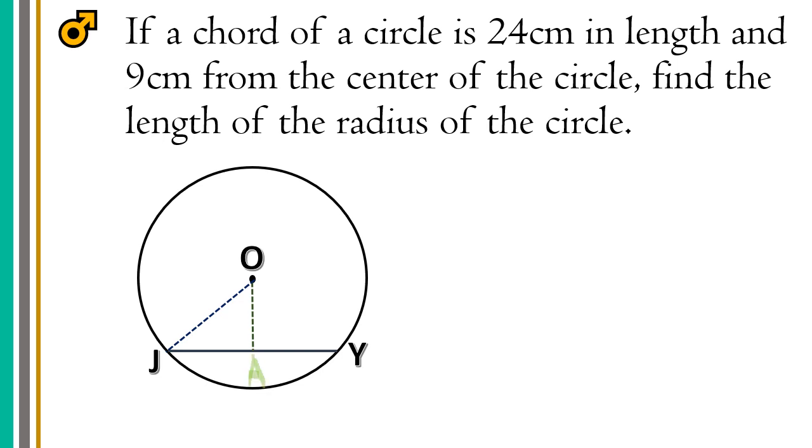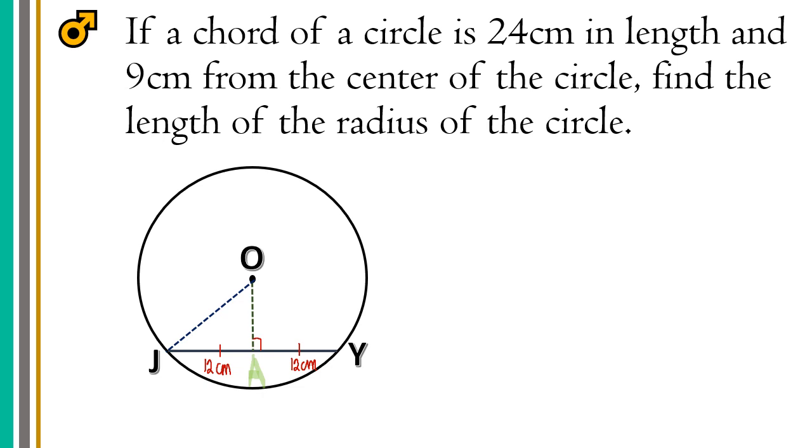So we have OA. This is perpendicular to our given segment, thus it bisects the given chord JY. That means JA is equal to 12 centimeters.